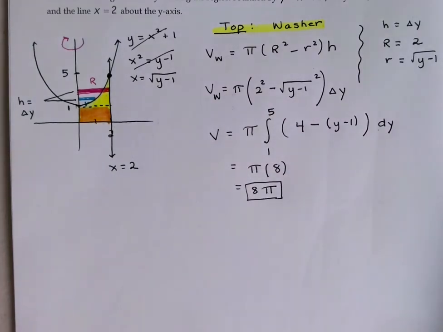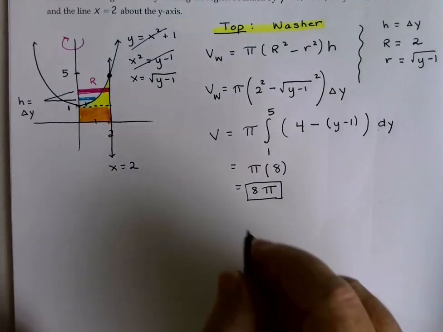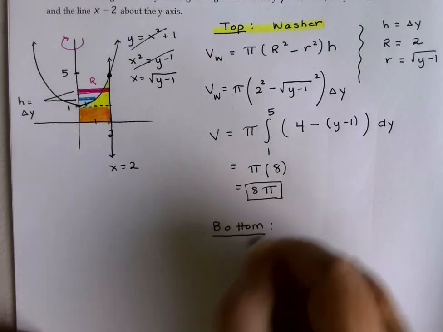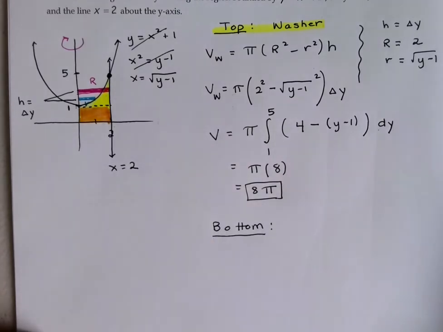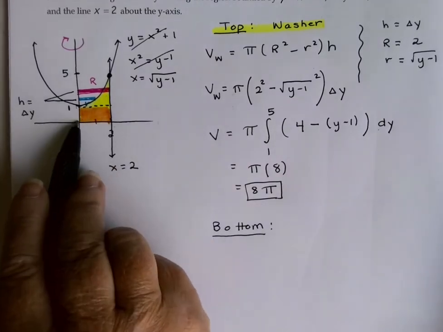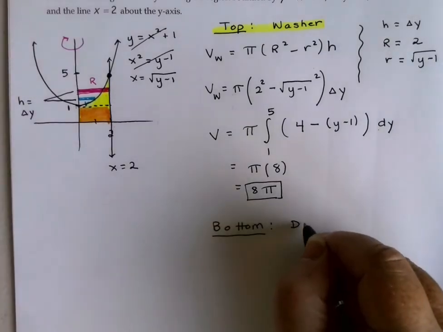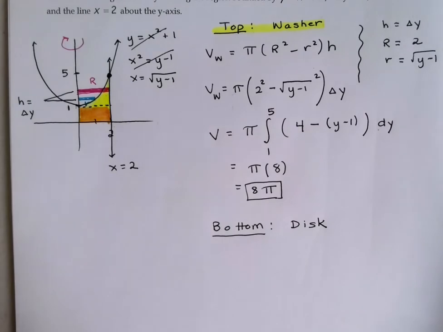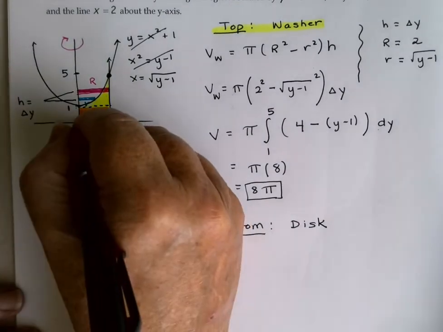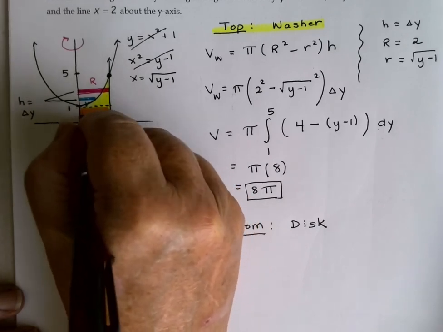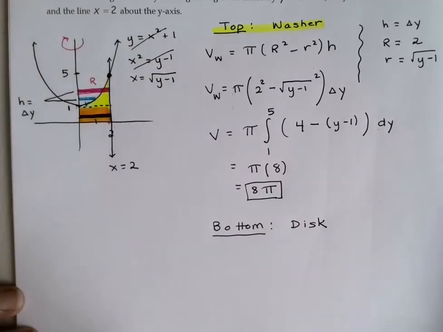All right, what about the bottom section? First thing that I'd like you to notice about the bottom section is this section does sit right on the axis of rotation. So we're going to be able to use a disk method here. That means I really only need one rectangle, again perpendicular to the axis of rotation, and drawing it all the way over to the only graph, which is the vertical line.